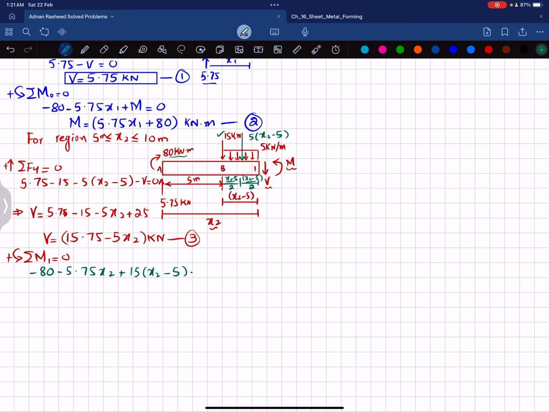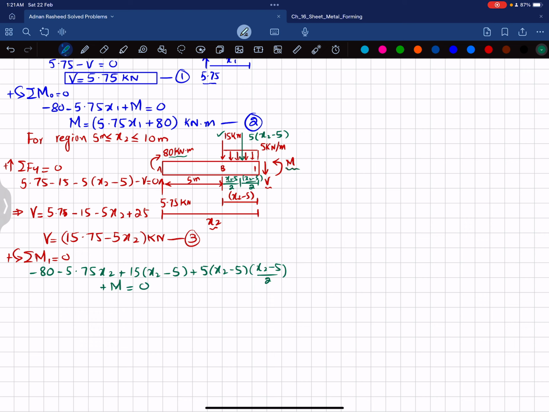So I can write plus 5 into x2 minus 5 into x2 minus 5 divided by 2, and the last moment, which is M, and that is counterclockwise, so their sum must be equal to 0.